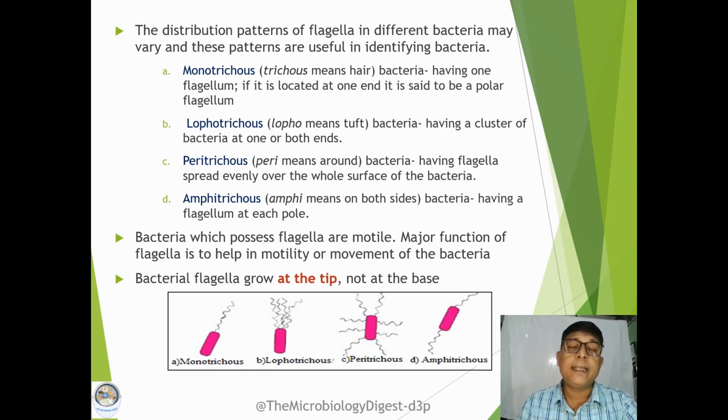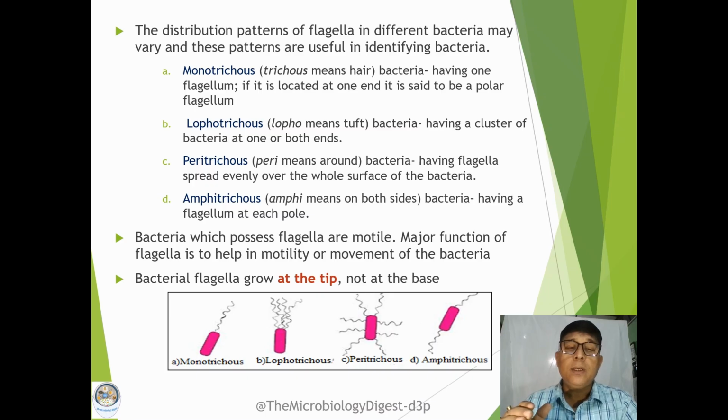And surprisingly, when the flagella of bacteria grows, it does not grow at the base, it grows at the tip. This is a very important point to understand. Whenever there is growth of flagella, it always grows at the tip, not at the base.